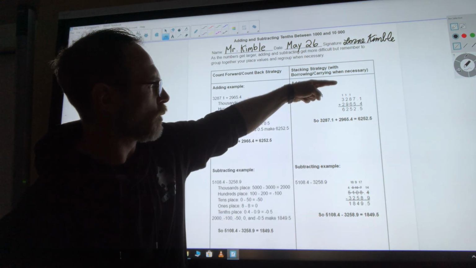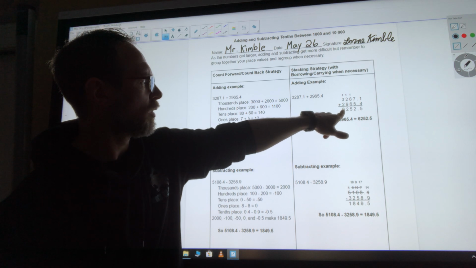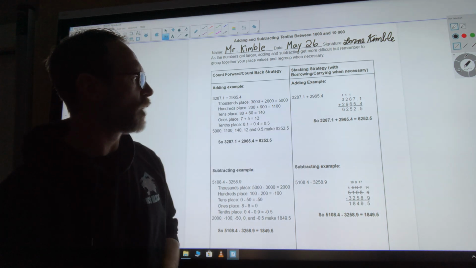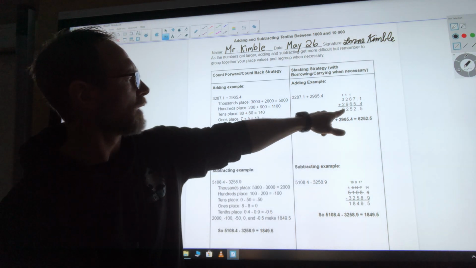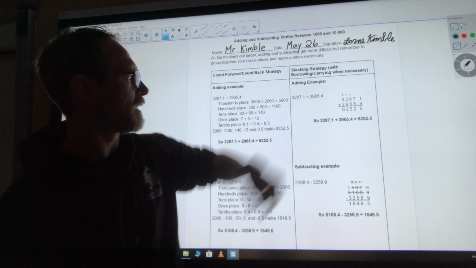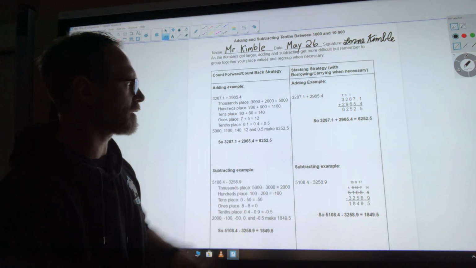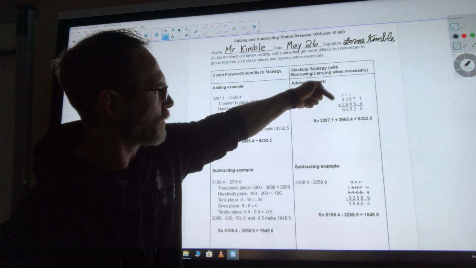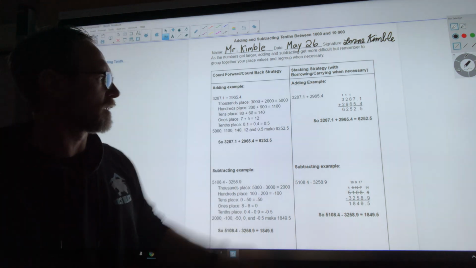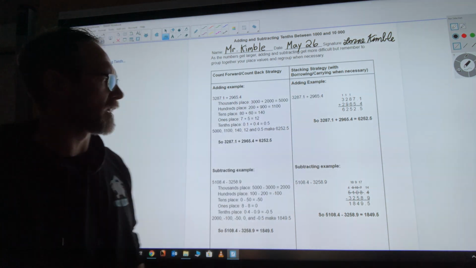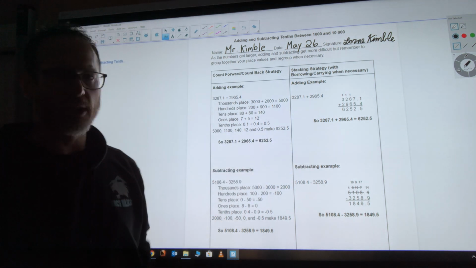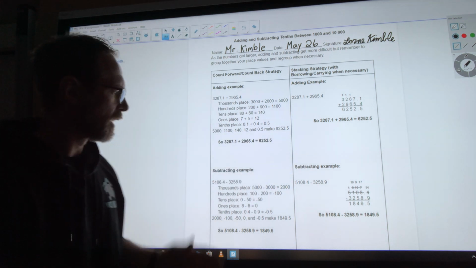Then my hundreds would be 100, 200, and 900, which is 1,200. So I put the 2 in the hundreds place and the 1 over to the thousands place. And then for my thousands, 1,000, 3,000, and 2,000 makes 6,000. So I have 6,252.5. Same answer both ways, just two different ways to get it.